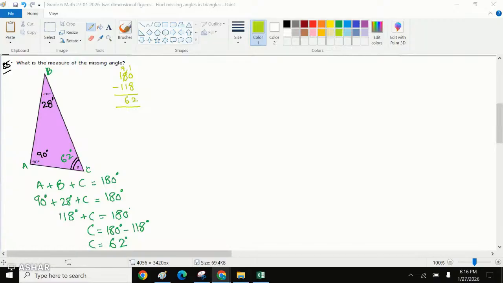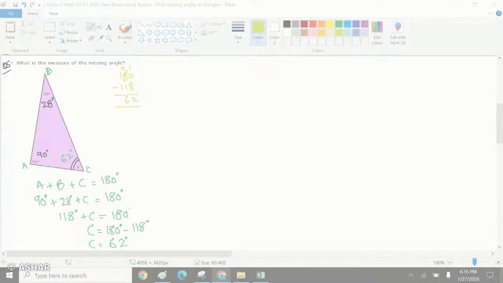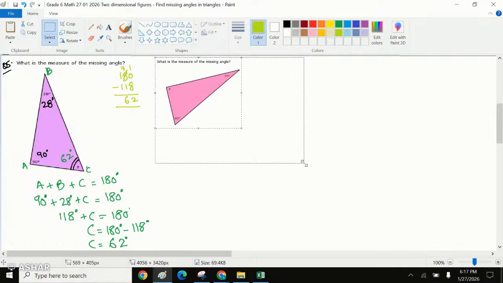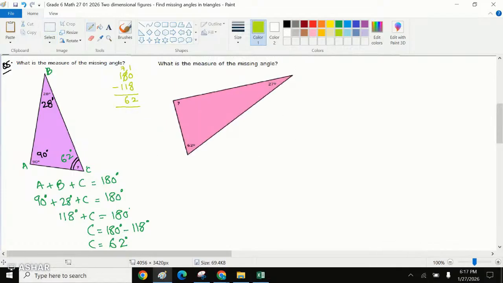So the next question says, what is the measure of the missing angle in this given triangle? Yes, thank you, Princely. We have another triangle and we are missing an angle in it. We need to find this missing angle over here.